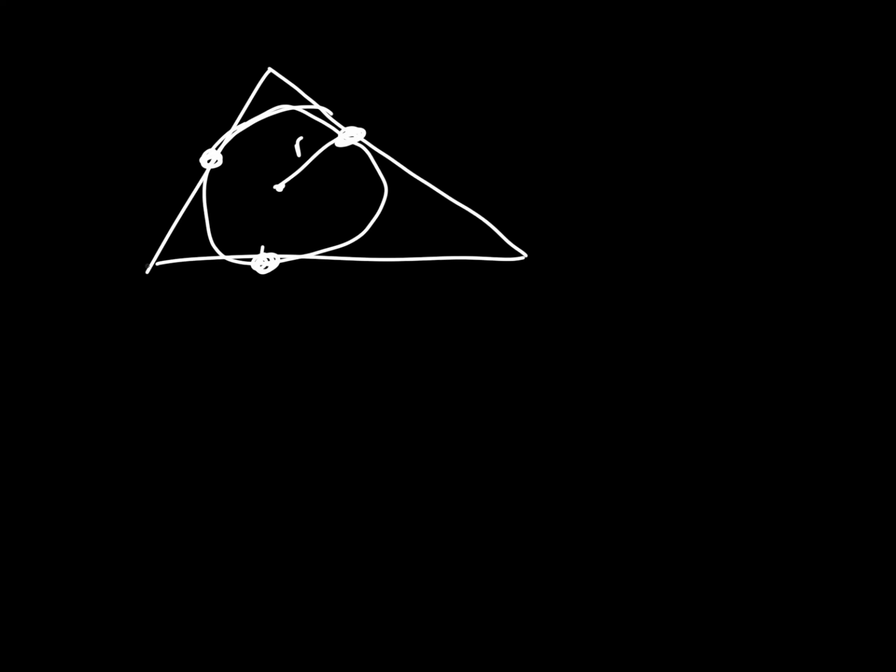Okay, so if we name this A, B, and C, the equation of this center point is going to be, and so this is like little a, little b, little c.